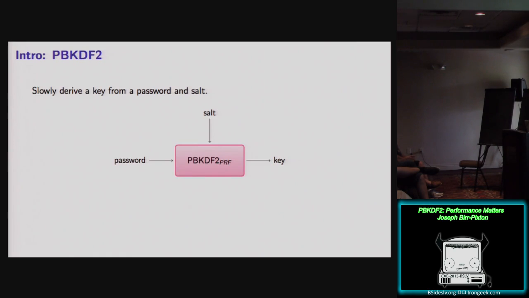And then we come on to PBKDF2, and this is one of the problems, is that they try to be clever, and they try to parameterize the whole standard with this PRF, the idea being that you can swap in and out different PRFs. In practice, everyone uses HMAC. I think Apple once used CMAC for something, but that was crazy of them.